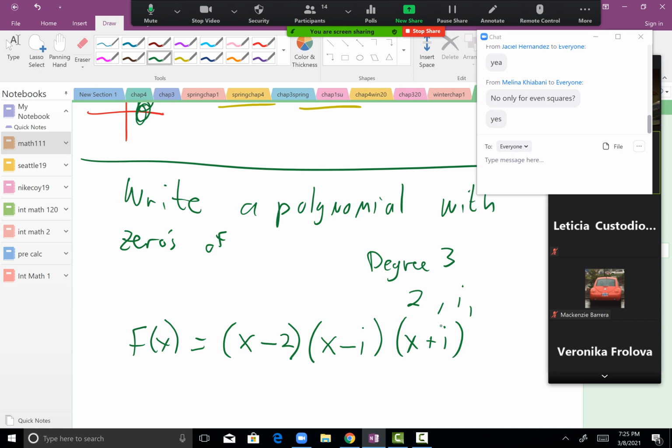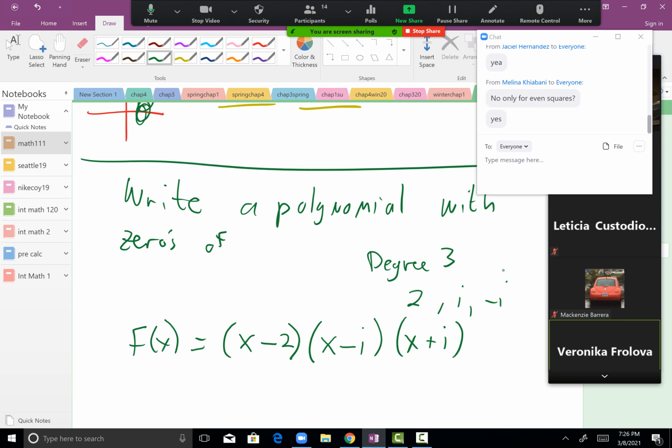Write it out. So do we always have to put x minus i and x plus i? Yeah, because, again, you're going to have negative i as that other solution. Because if plus i is one, the negative i has to be the other, and vice versa. If you have negative i, then you know plus i has got to be one. Those are called conjugates, and I probably forgot to mention that.